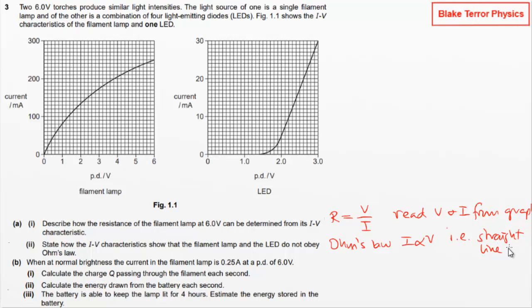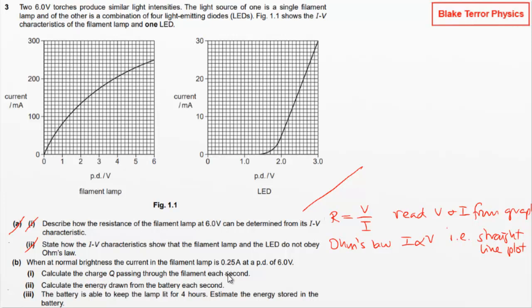Straight line plot. Neither graph shows this, so you can just say that on the bottom. I won't write it out to save space, but yeah, for Ohm's law we have to have that straight line going through the origin.